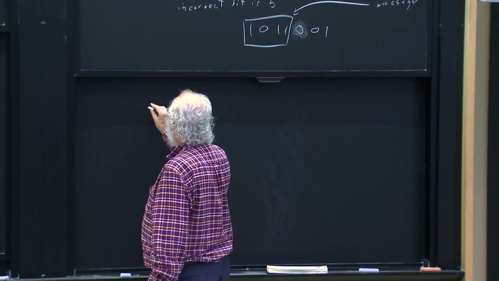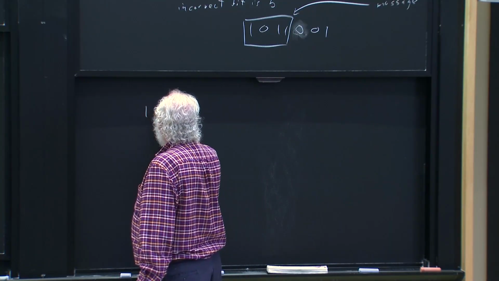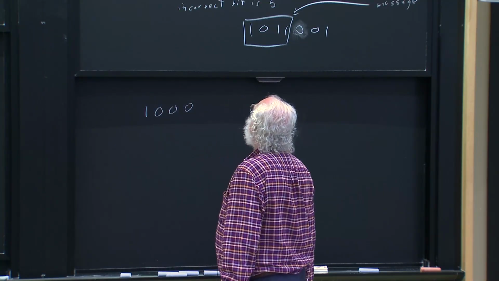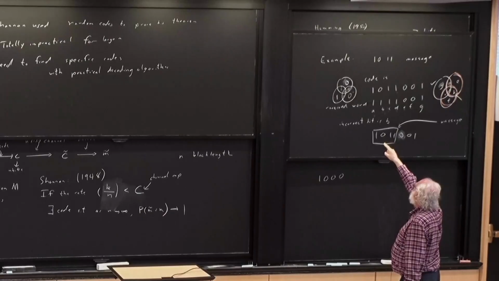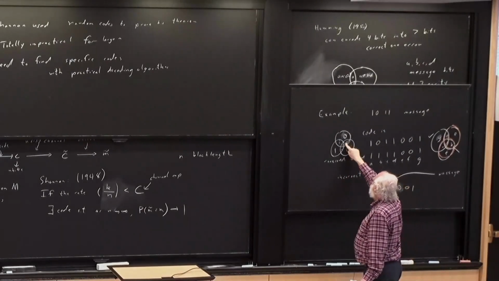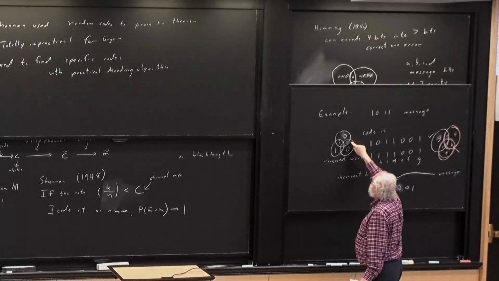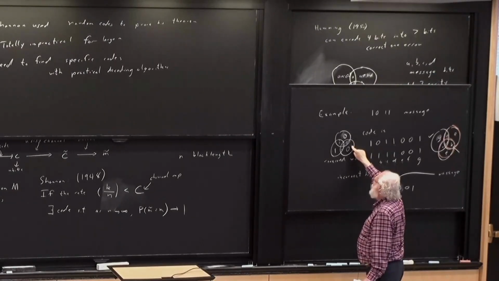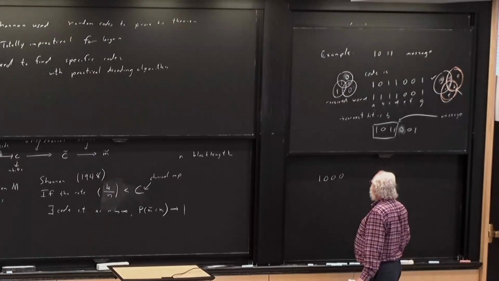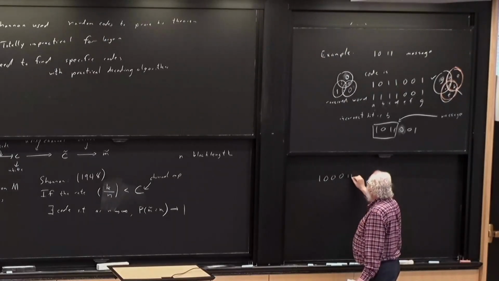We have 1, 0, 0, 0, and now the first. So this is the first bit. So now the first 2 bits of the parity check matrix are both 1 here. So 1, 0, 0, 0, 1, 1, 0.